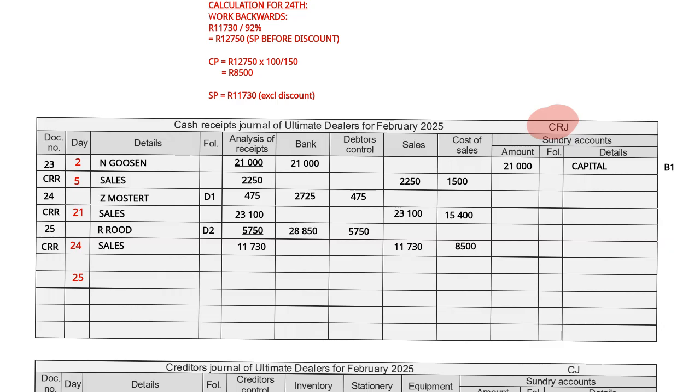The second transaction on the 24th is issue a receipt to G. DeToy, who is renting an office from us, 3,600 Rand. So it is going to be document number 26.